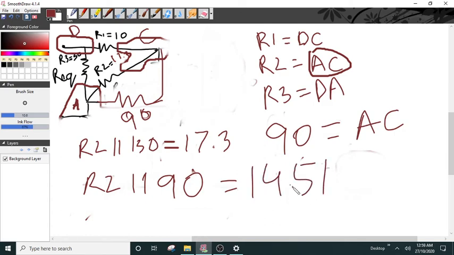So what you have to do is to just replace one of the resistors among them.